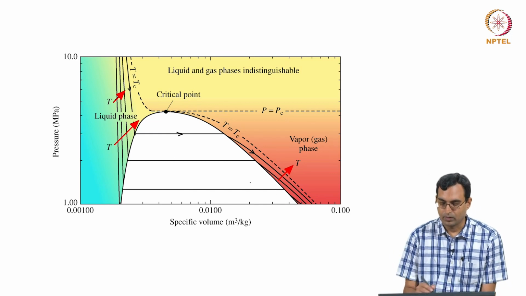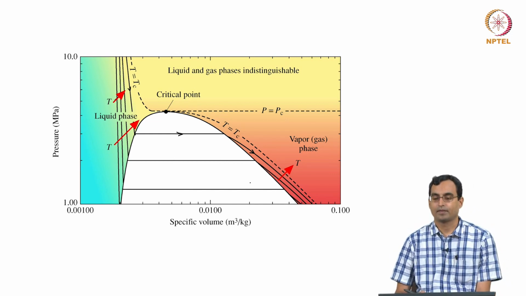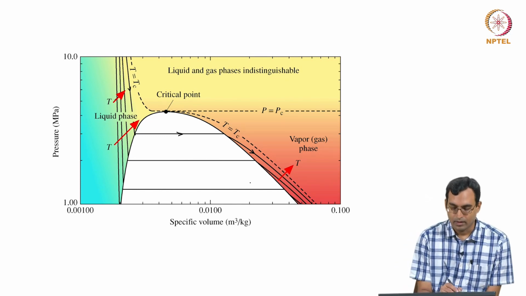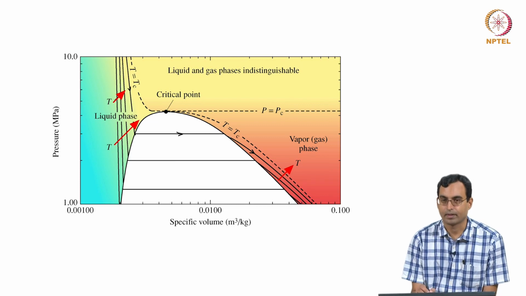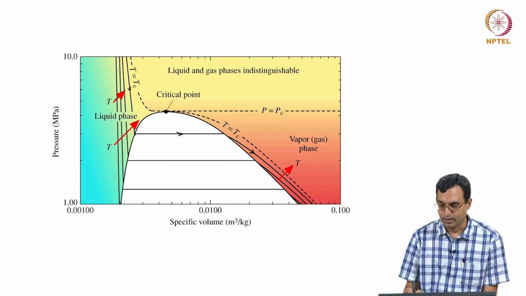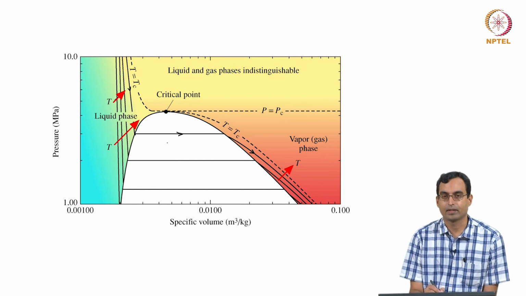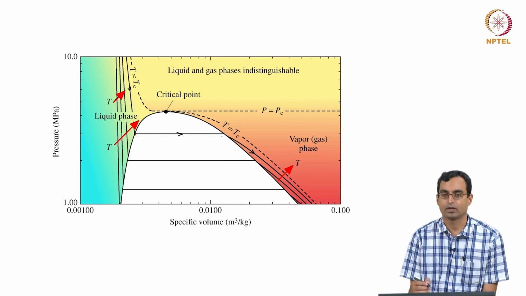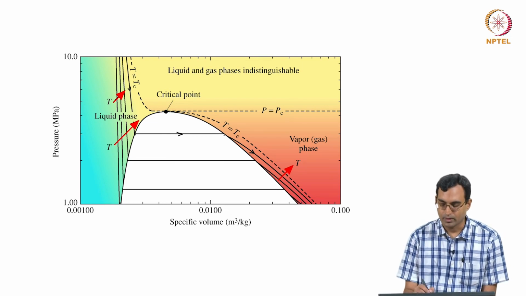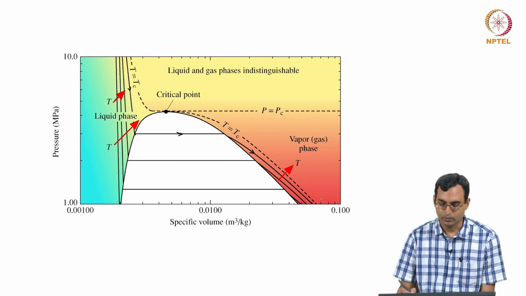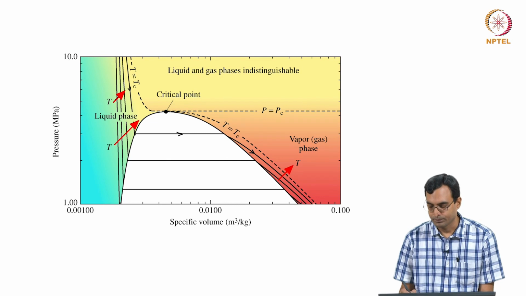Within this liquid vapor dome, we saw earlier that if you are having a constant pressure process, the temperature is also constant. So, horizontal lines here would represent constant pressure processes because we are on a PV diagram. Within this two-phase dome, if the pressure is constant, the temperature is also constant. So, this would represent both a constant pressure and a constant temperature line. Once you go outside this dome, we have the temperature going down as the pressure goes down, and we have the vapor phase.